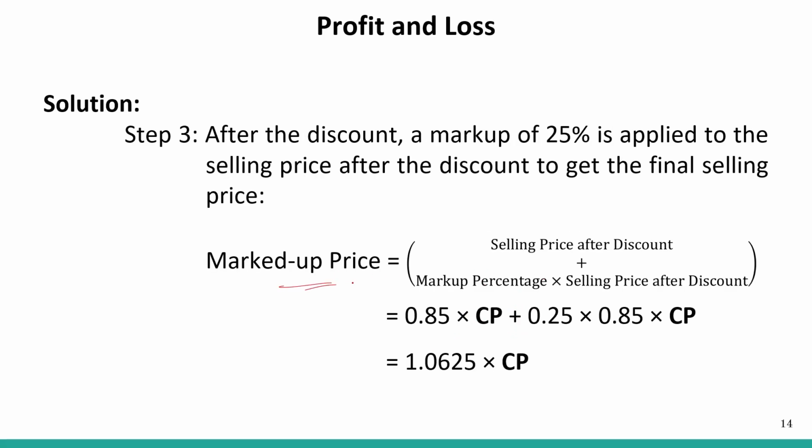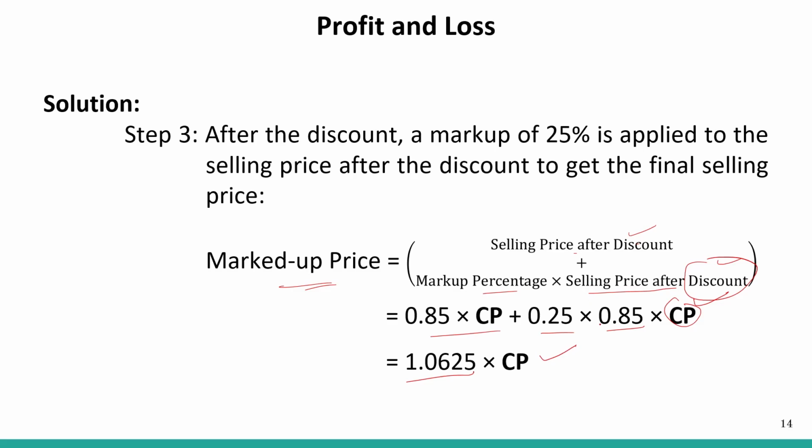So markup price is equal to selling price after discount plus markup percentage into selling price after discount. So 0.85 into CP plus 0.25 into 0.85 into CP. So this is equal to 1.0625 into CP.